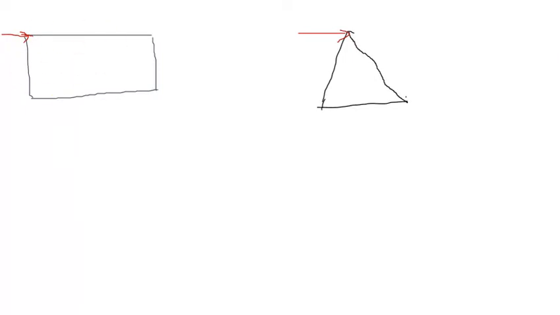If you apply a load at this point in this rectangle, we can have an infinite number of shapes, as many shapes as possible, right? For example, you apply that load, this rectangle will bend in this manner. It will have that shape, right?